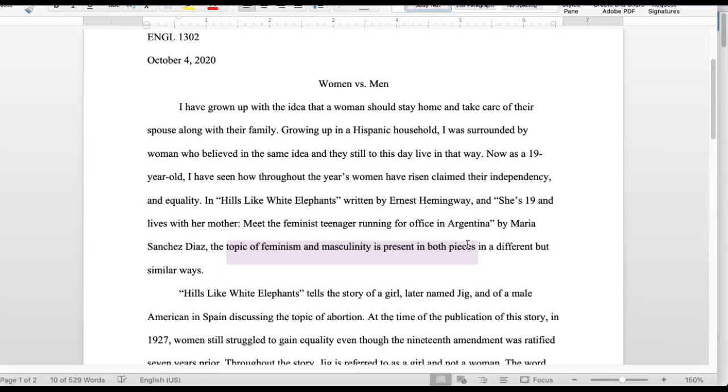Now, granted, Hills Like White Elephants is something that in this particular semester where this was written, we did in the later part of the semester. So by then she was able to do rhetorical situation quickly, almost in her sleep. And so she was able to pick off topics very, very quickly and just chose a topic to talk about as far as the steps of the rhetorical situation.